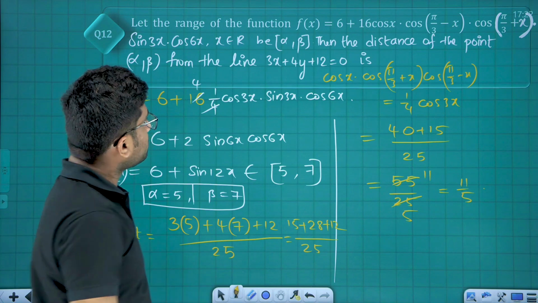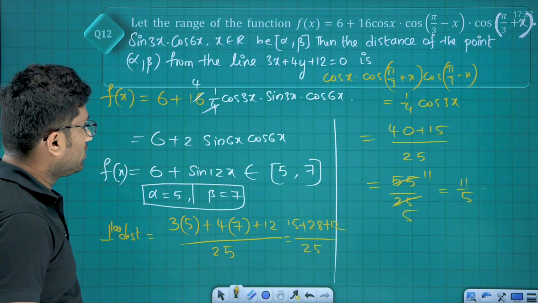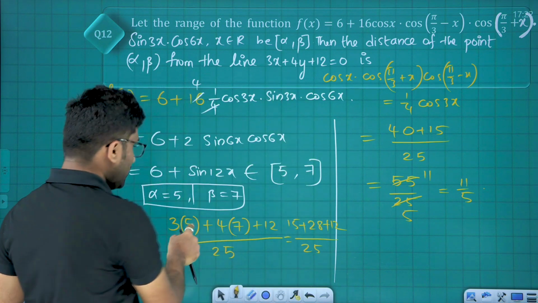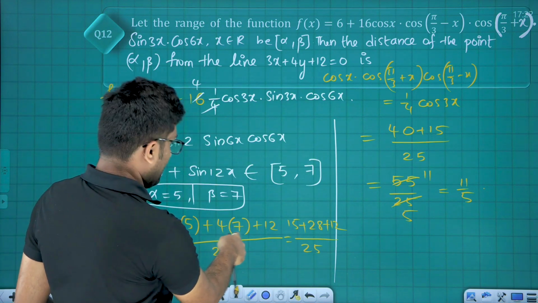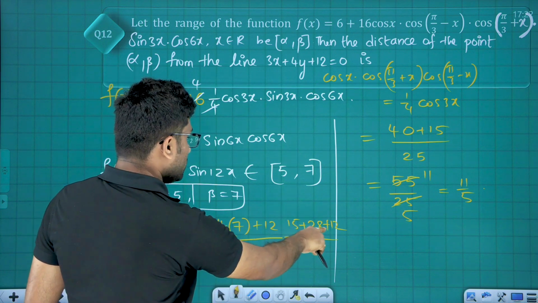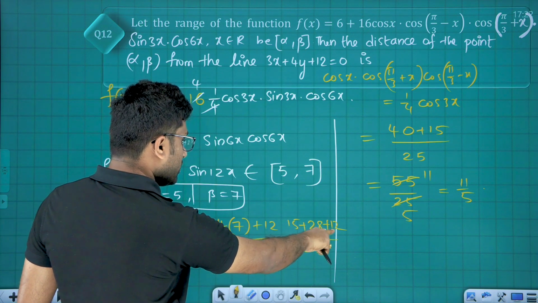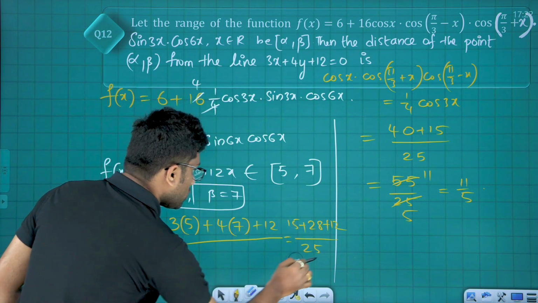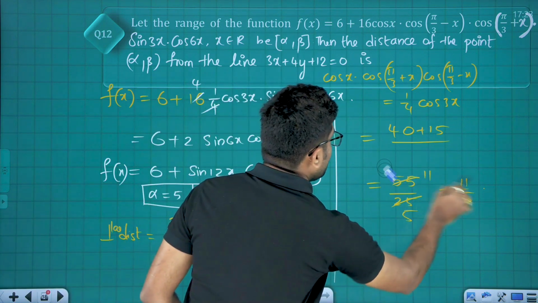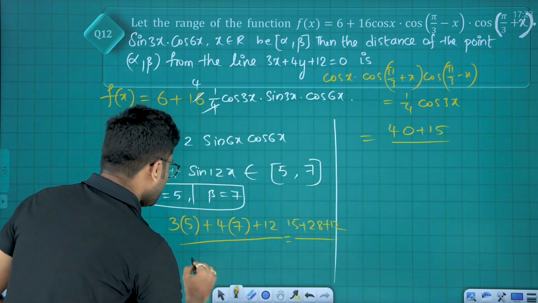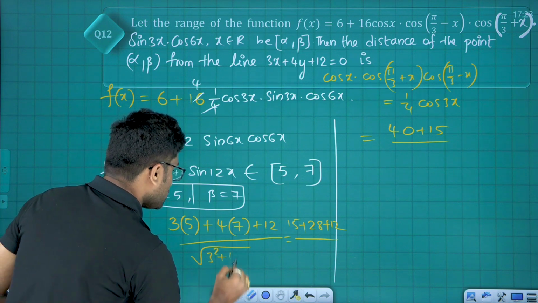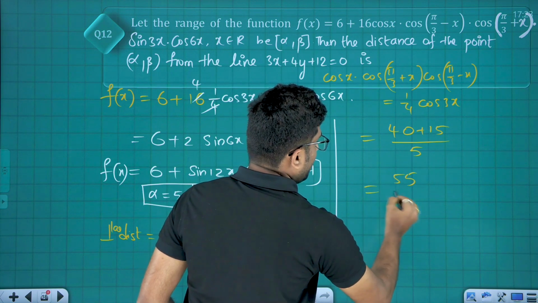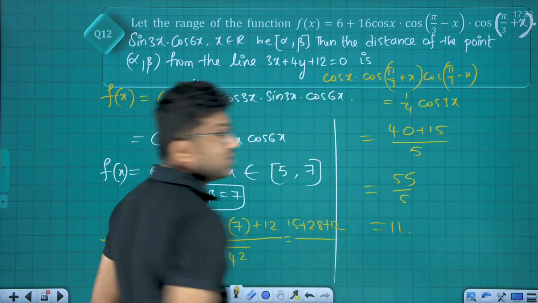So 3x plus 4y plus 12: 3 5s are 15, plus 7 4s are 28, plus 12, 15, 28, 30, 40, 55. 55 divided by root over 3 square plus 4 square, which is equal to 5. 55 divided by 5 is equal to 11 units.